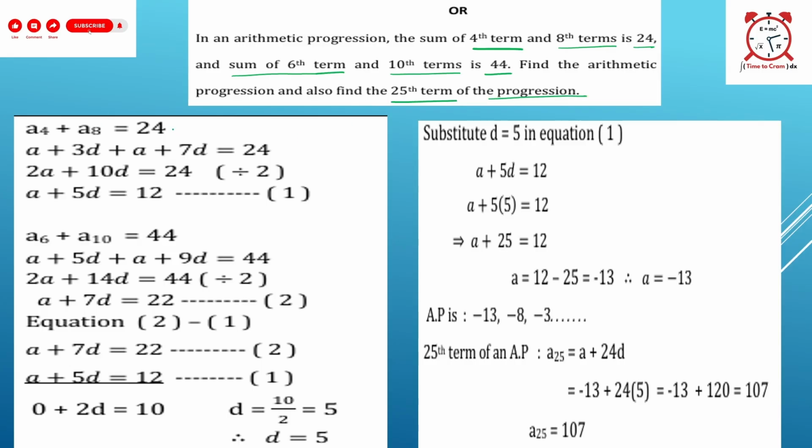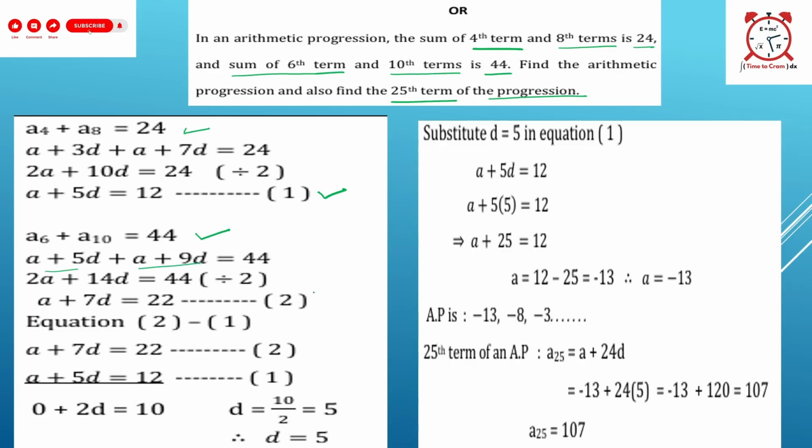So as per the given condition, the sum of the 4th term and 8th term is 24. After keeping their values, we will have the first linear equation in two variables as a plus 5d equal to 12. Same way, second condition, a6 plus a10 equal to 44. Again we will keep their values as a6 equal to a plus 5d and a10 equal to a plus 9d.